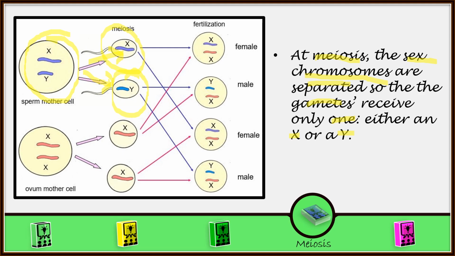But for the female, after meiosis, we shall have ovum, each one with one chromosome, and each one will have an X chromosome.